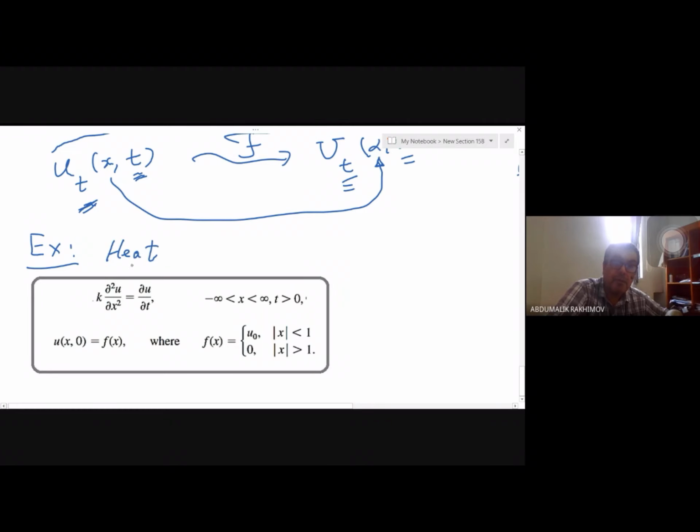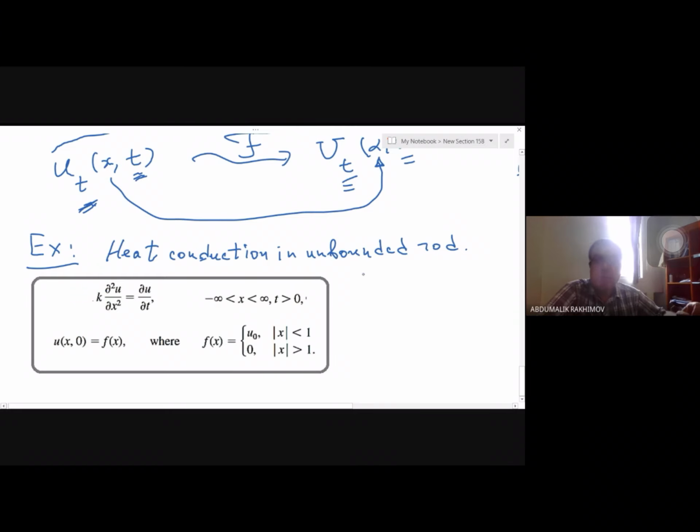We should call this problem heat conduction in an unbounded rod. Of course, an unbounded rod physically does not exist, right? We have finite resources. I say unbounded rod because x is from minus infinity to plus infinity.